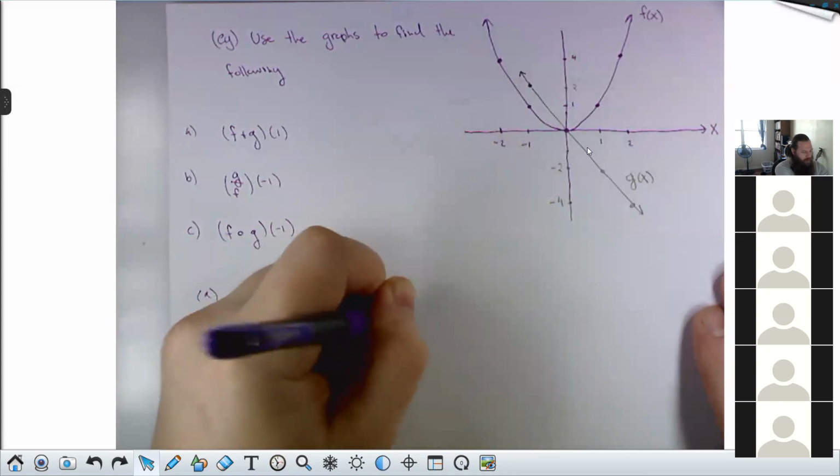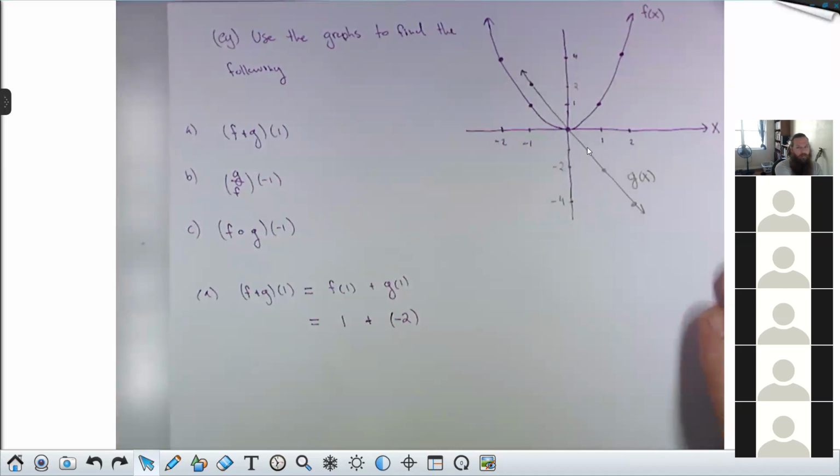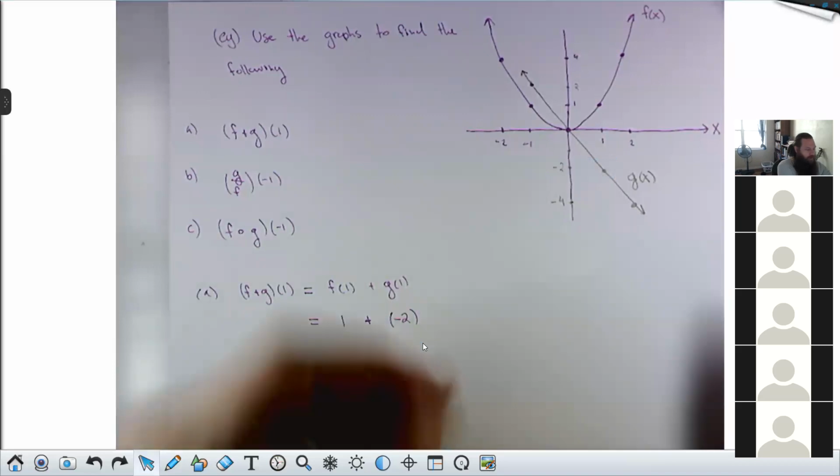I might write this in parentheses just so we don't get confused about the operations. Remember, g is the pencil graph over here. When x is equal to 1, the point on the graph there is this guy, and that y value is -2. So g of 1 is -2. And then if I add 1 plus -2, I get -1.